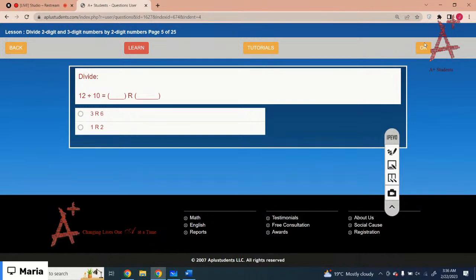So the correct option is 1 remainder 2. The second option is the correct one. Yes, very good. Just select the correct option and click on the OK button.